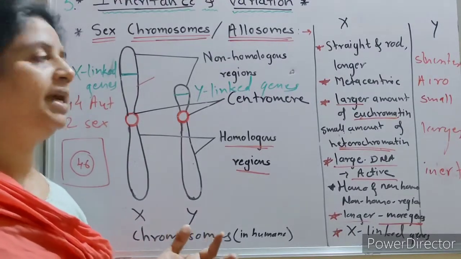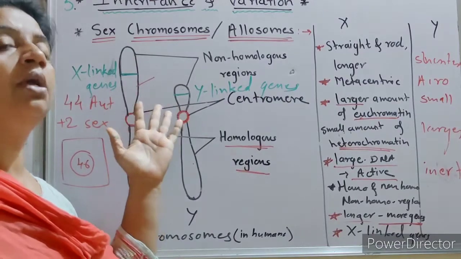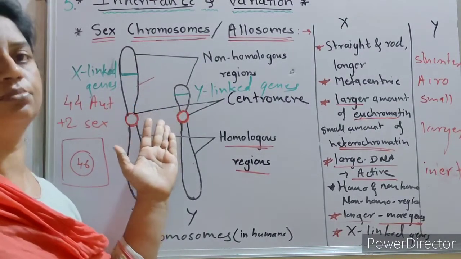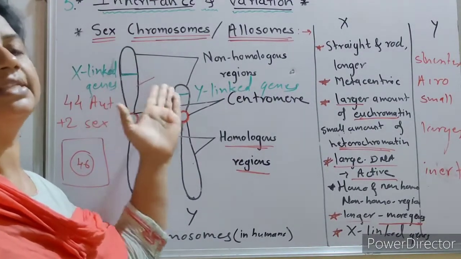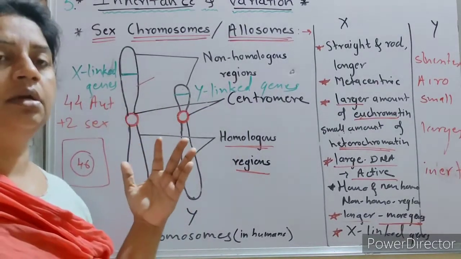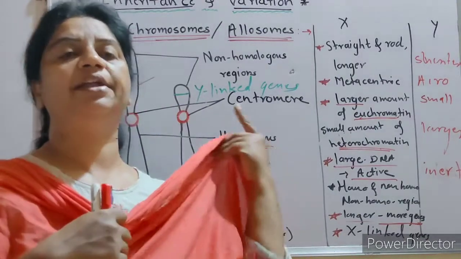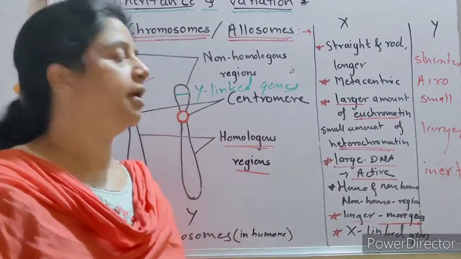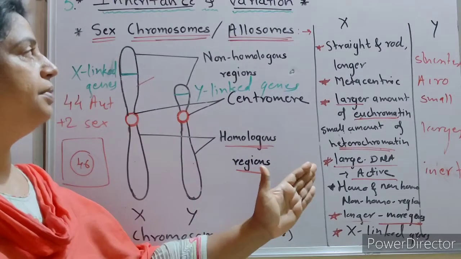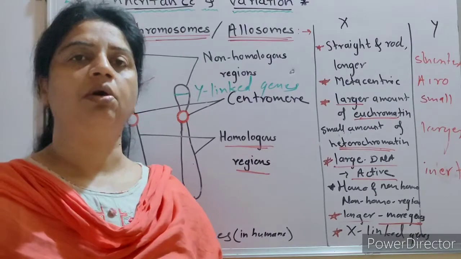They are autosomal characters, but these genes are attached to the sex chromosome and inherit with the sex chromosome, so they are called X-linked or Y-linked genes. X-linked genes: color blindness, hemophilia. Y-linked genes, for example the Hollandric gene, or hypertrichosis. This is the difference and the structure of the X and Y chromosome or allosome.